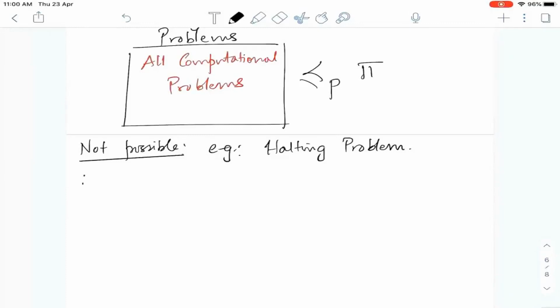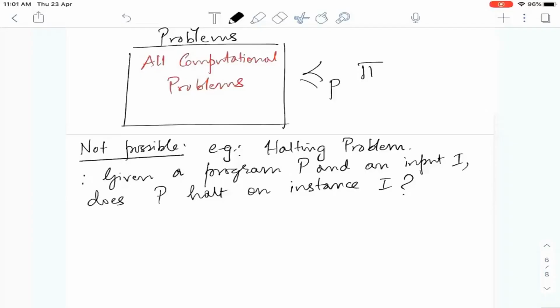So given a program P and an input I, does P halt on instance I?